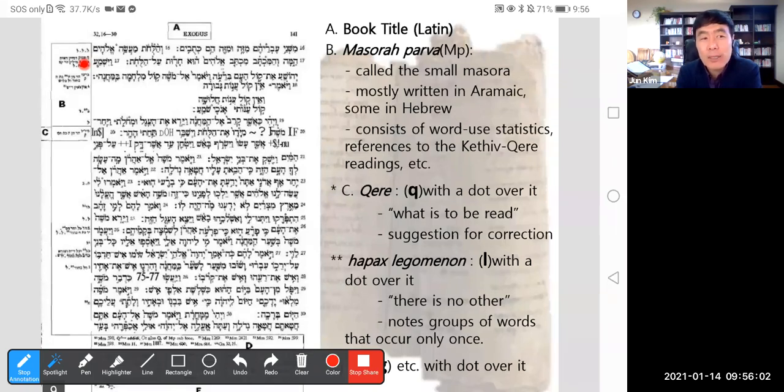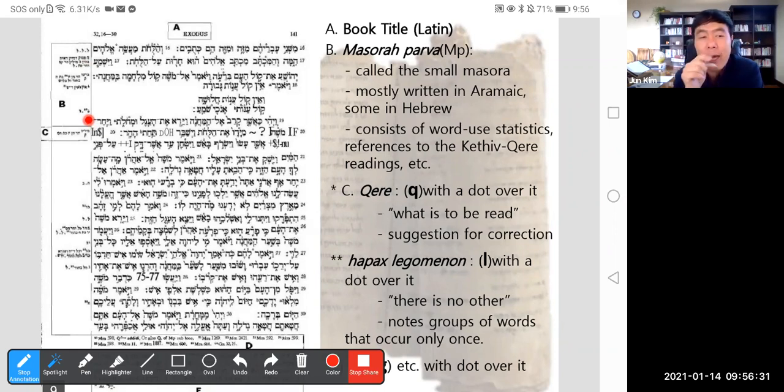Of course, it doesn't provide every single word, but whenever you have a word that seems to be appearing with quite low frequency of usage. So let's say if you go down here, we have another letter, looks like bet, and it has one dot.